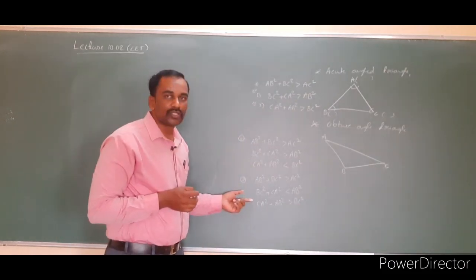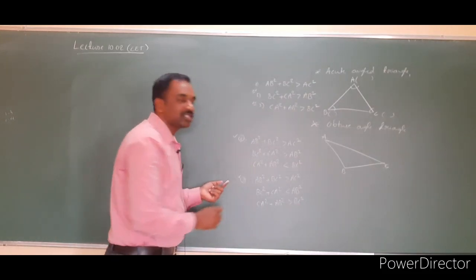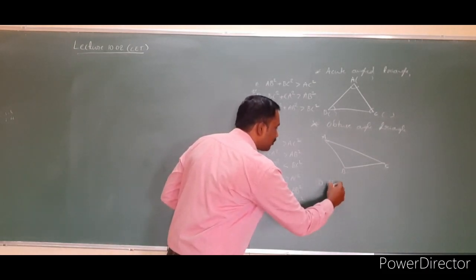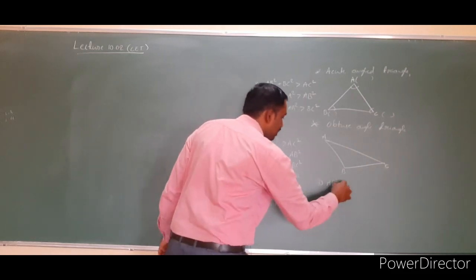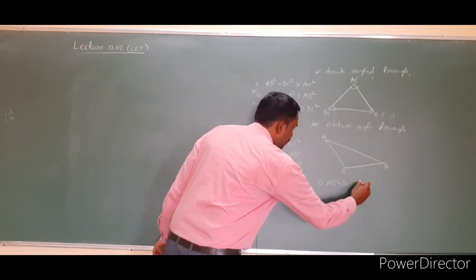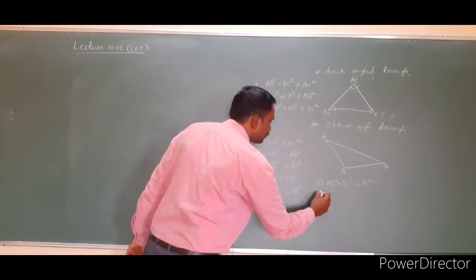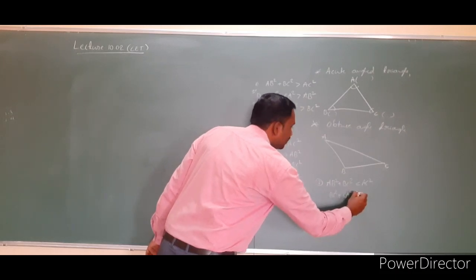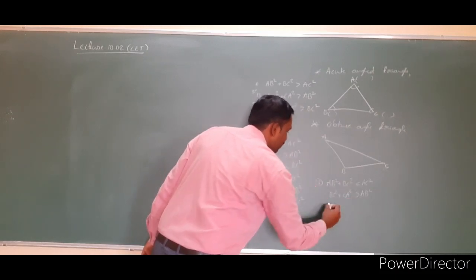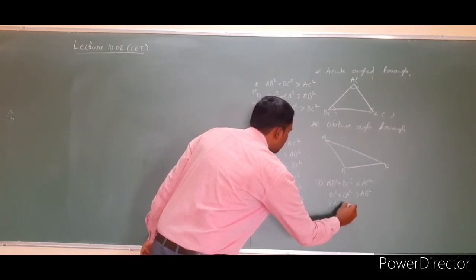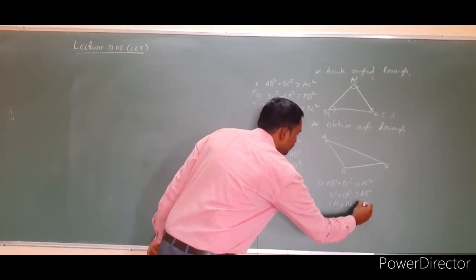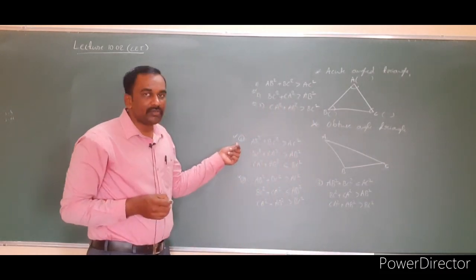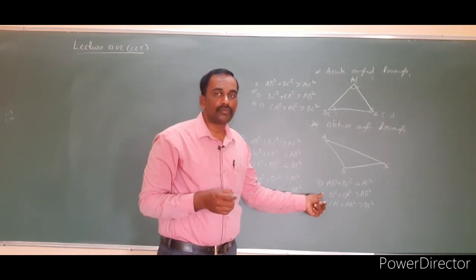This is the second possibility. One more is there, the third one. Write the same thing, but change the inequality sign a little: AB square plus BC square is less than AC square, BC square plus CA square is greater than AB square, and CA square plus AB square is greater than BC square. This is one possibility, this is one possibility, this is one possibility.